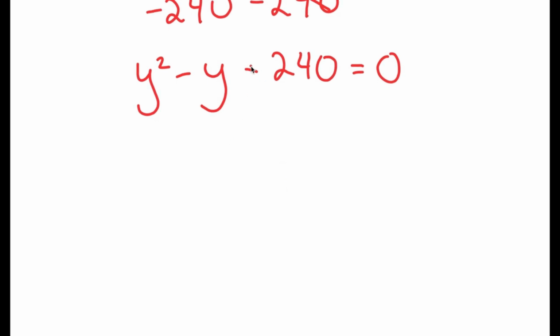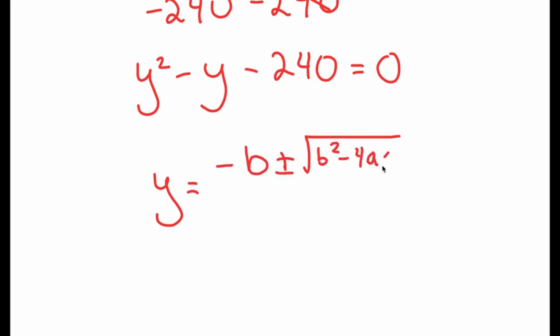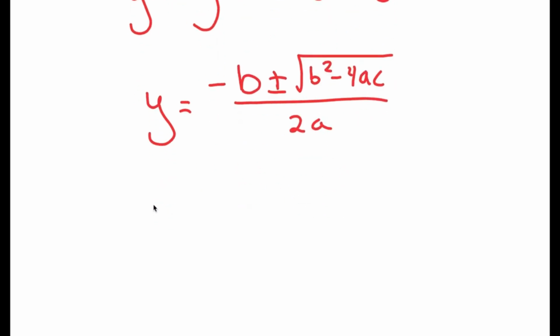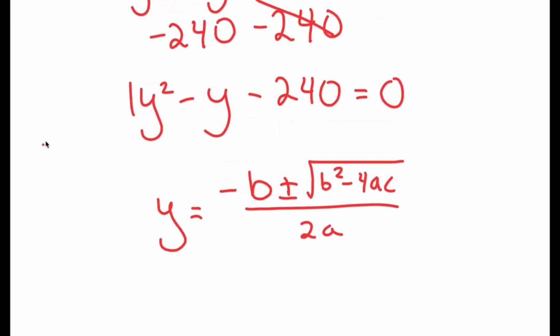And to find the solutions of this quadratic equation, I can use the quadratic formula. So if you guys didn't already know, the quadratic formula is negative b plus or minus the square root of b squared minus 4ac all over 2a. So in this case, a is 1, b is negative 1, and c is negative 240.